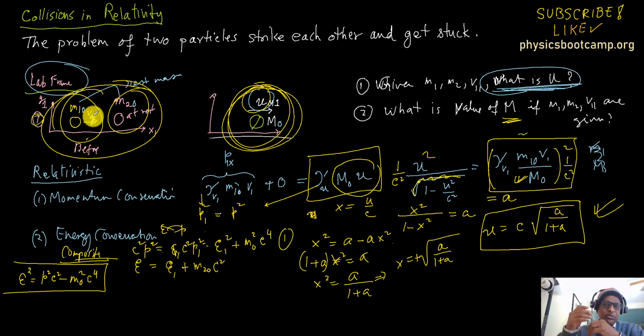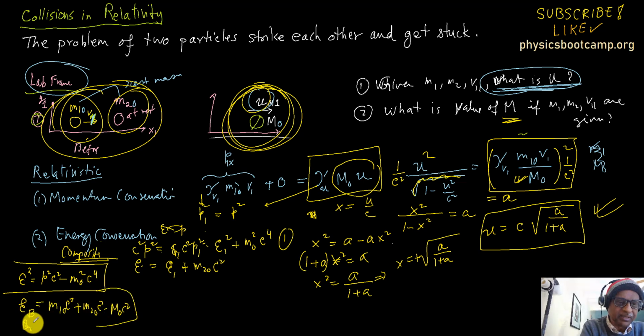I really don't include the binding here. The binding energy in relativity will be, we had m1 plus m2, now we have m0, so m10 C squared plus m20 C squared minus m0 C squared.